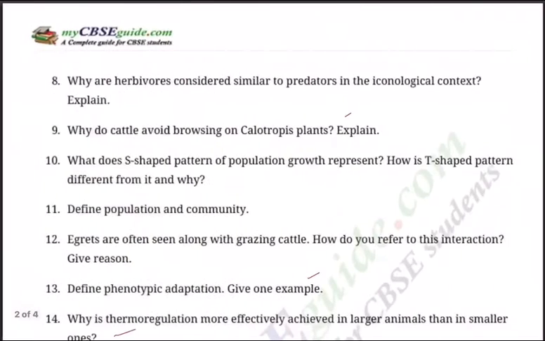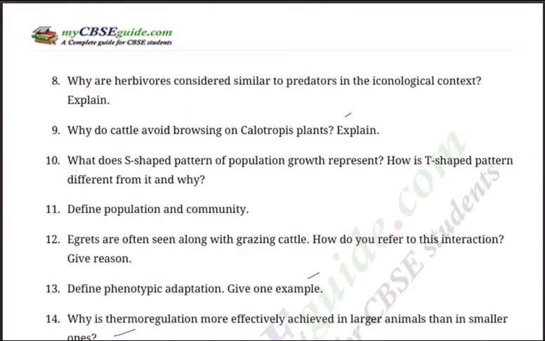Again, the question is based on adaptations. Question 8. Why are herbivores considered similar to predators in the ecological context? Explain. Again, the role of herbivores here, and what is the relationship between the herbivores and the predators.